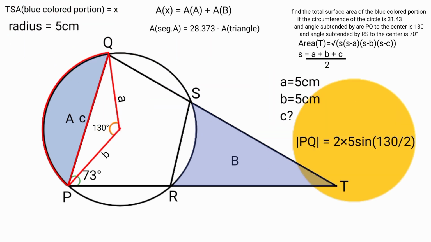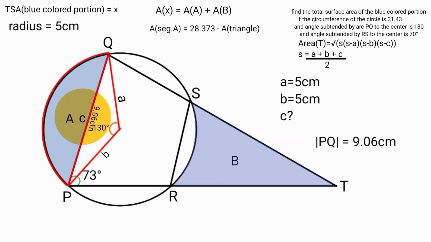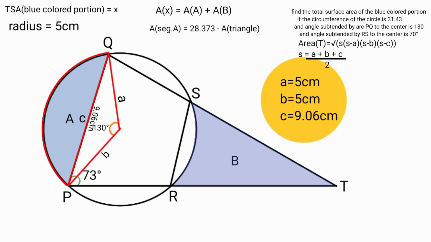So line PQ equals 2 times 5 sine 130 over 2. 130 over 2 is 65 degrees. So line PQ equals 2 times 5 sine 65 degrees, which if you press your calculator equals 9.06 centimeters. If the length of line PQ is 9.06 centimeters, that means C equals 9.06 centimeters. And here we have A equals 5 centimeters and B equals 5 centimeters.